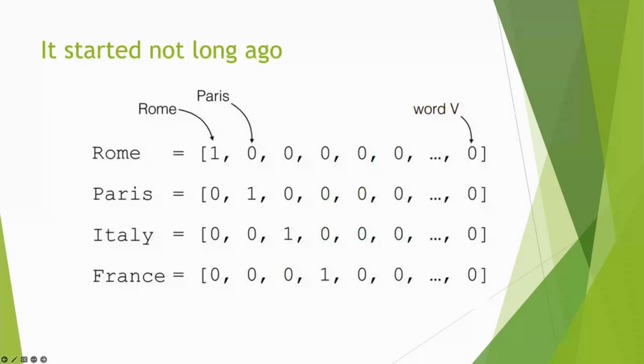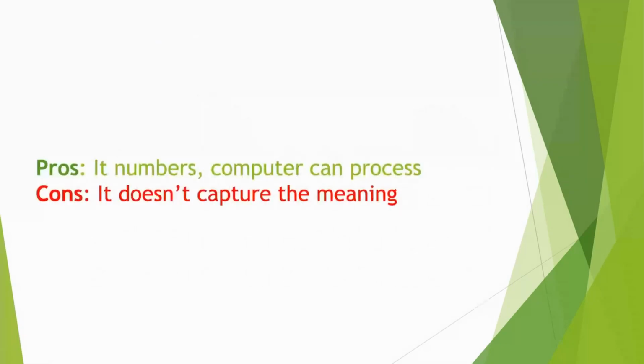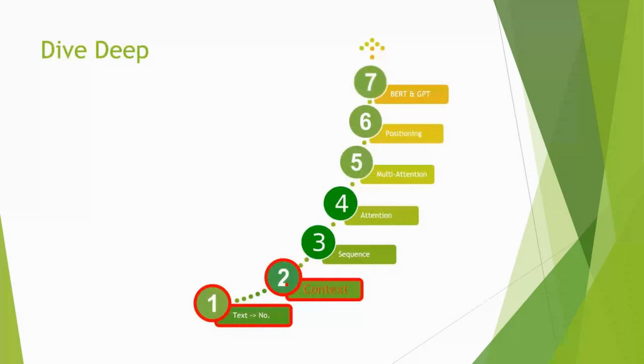We make a vector, all of it zeros, and we just put a 1 when we want to say Rome. That bit is responsible for Rome. We do the same thing for Paris: we assign the second bit to Paris, and we do the same over and over again. That's fine. Now we converted the text into numbers, and the computer can process it, but it doesn't capture any meaning. It's just ones and zeros.